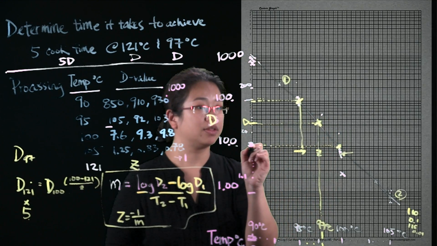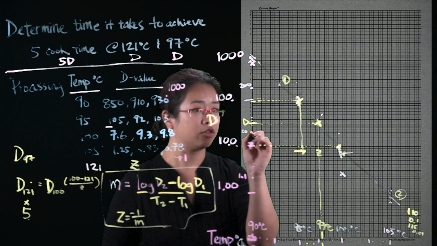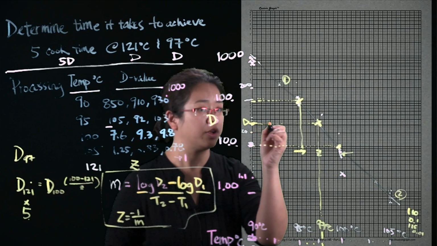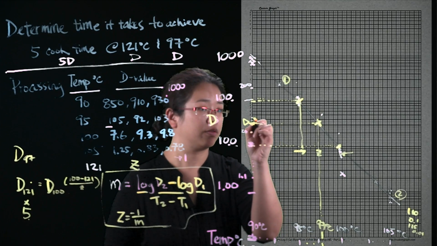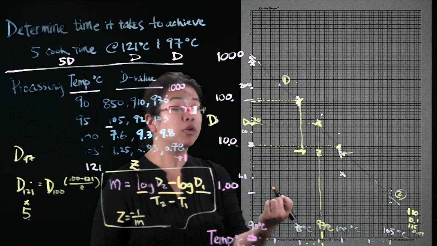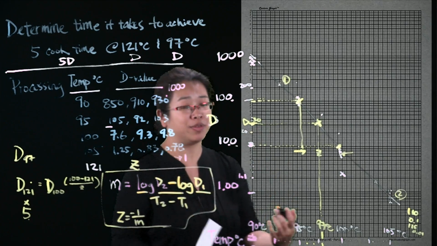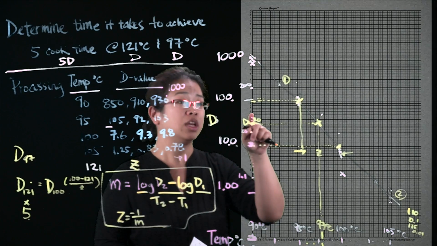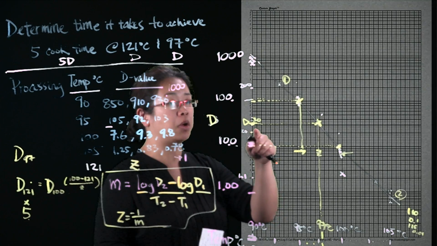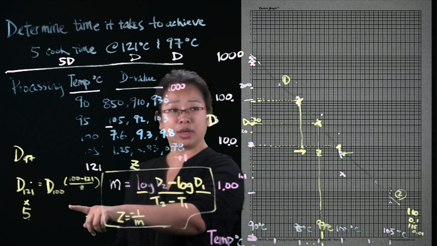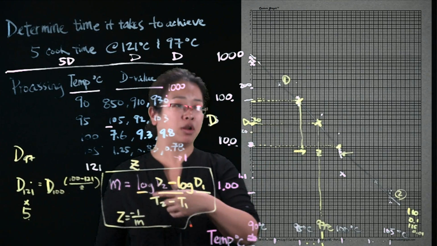Again, this is 10, this is 20. It looks like it falls quite nicely right on top of 30 here. So 30 minutes. The machine is broken, there's no more pressure, and in fact the temperature dropped to below 100 degrees Celsius. D is now close to 30 minutes. If you use the equation to calculate, it will be a lot more precise.